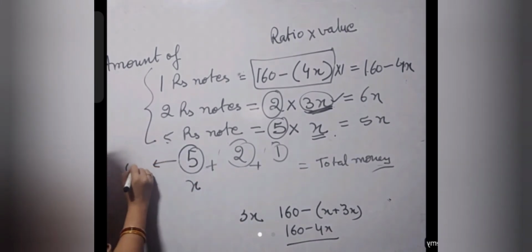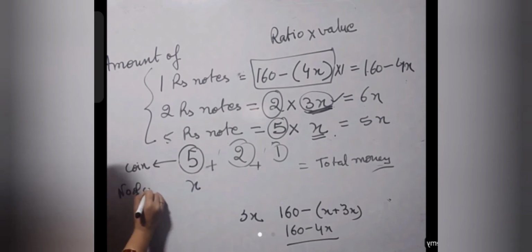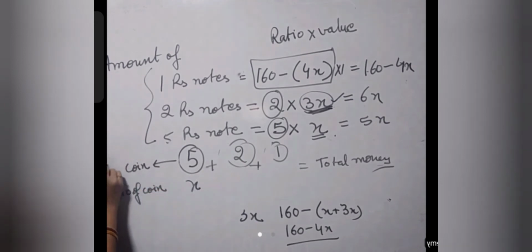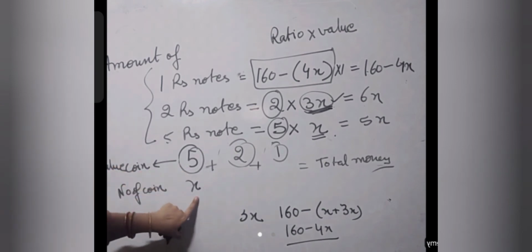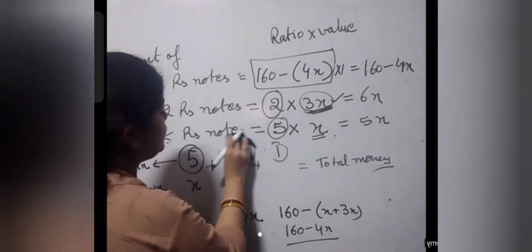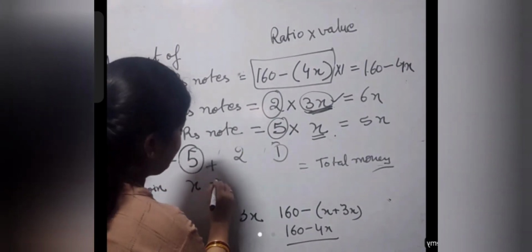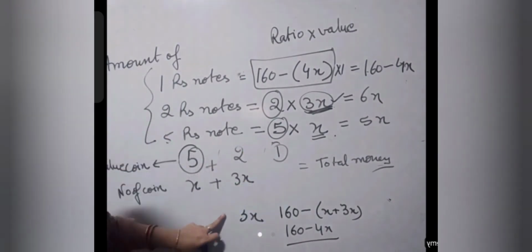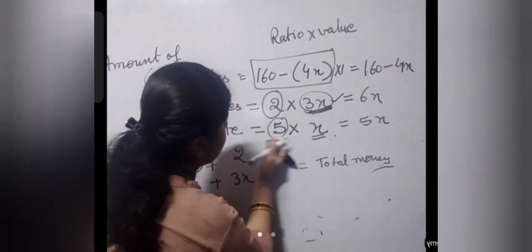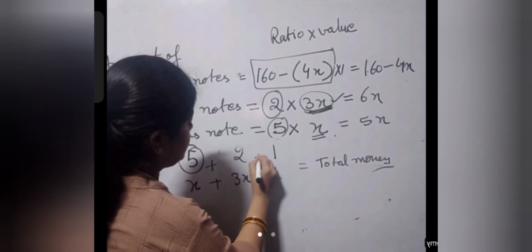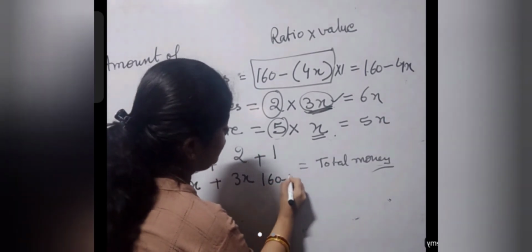So in place of this, what will I write over here? Coin of 5: this is the number of coins, this is the value of the coin. Coin of 5, we have value 5, number of coins x. Now coin of 2, we have 3x. Now coin of rupees 1, we have 160 minus 4x.